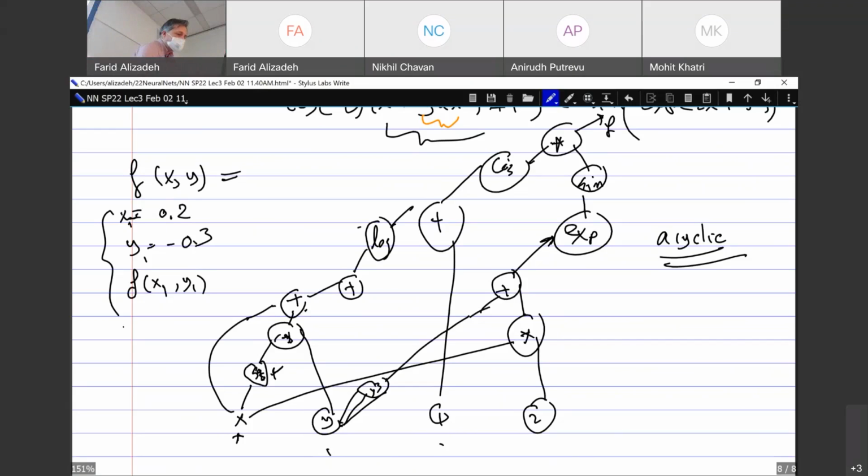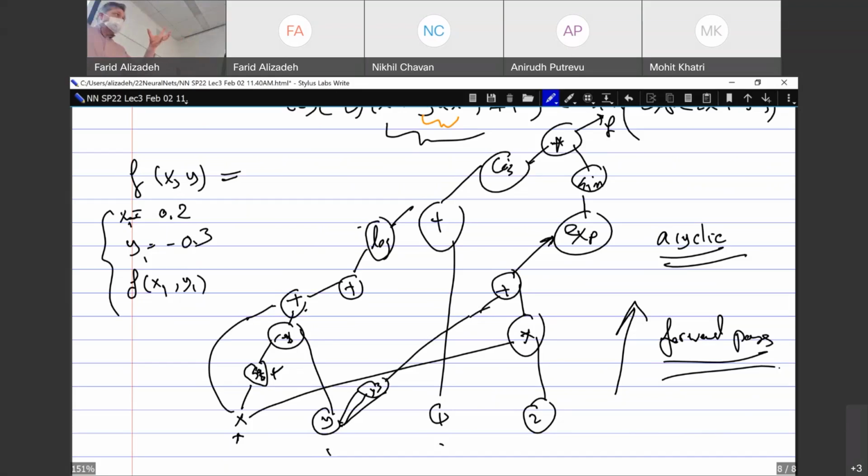So for evaluating the function at a particular point, we go in this direction, and it's called the forward pass. The forward pass is to sweep through the graph from the bottom to the top. So when I'm trying to predict, suppose I have the W's calculated in the neural network.